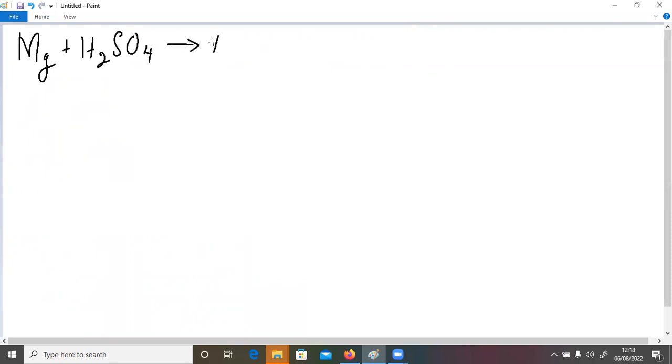It gives magnesium sulfate and some hydrogen gas. So magnesium, which is a solid, reacts with sulfuric acid, which is an aqueous solution, to give an aqueous solution of magnesium sulfate and hydrogen gas. Those are the state symbols.